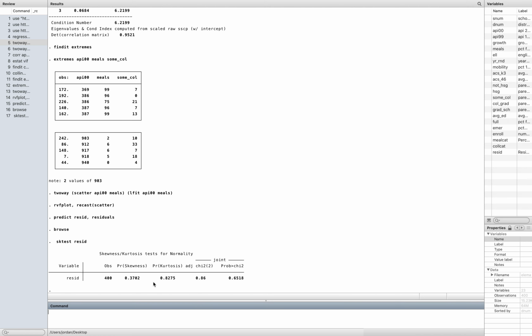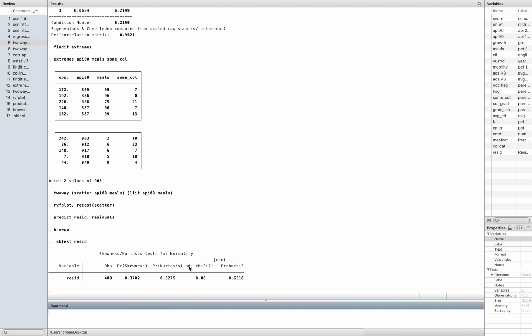So you typically want non-significance here. If your skewness was significant, then that would indicate that you might have some extreme data out there that's pulling the data over to the right or to the left, meaning you've got a pretty big skew, and that would hint that your distribution does not meet the normality assumption.